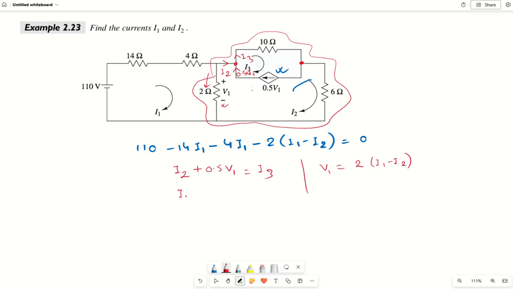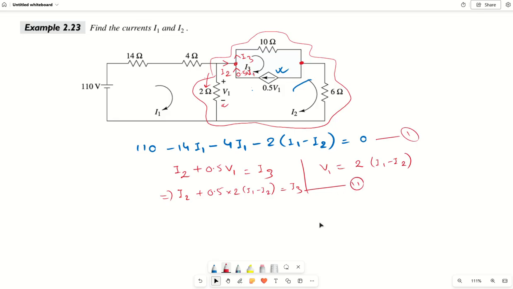So the equation becomes I2 plus 0.5 times 2 times (I1 minus I2) equals I3. Okay, so we have one equation, we have a second equation.